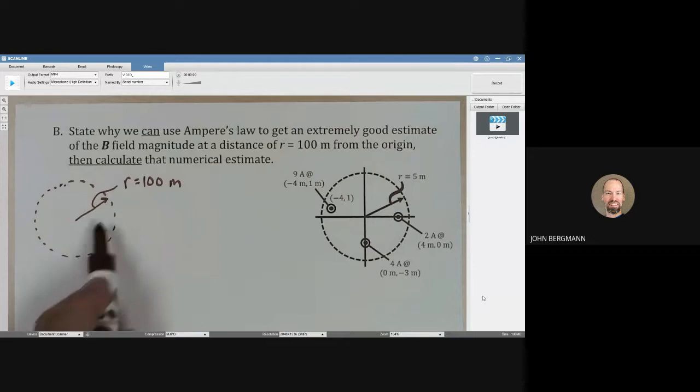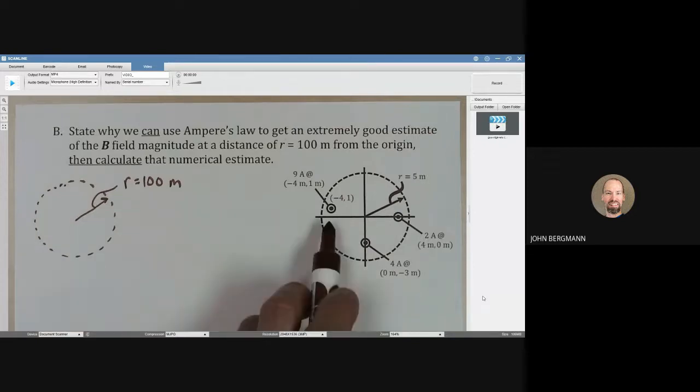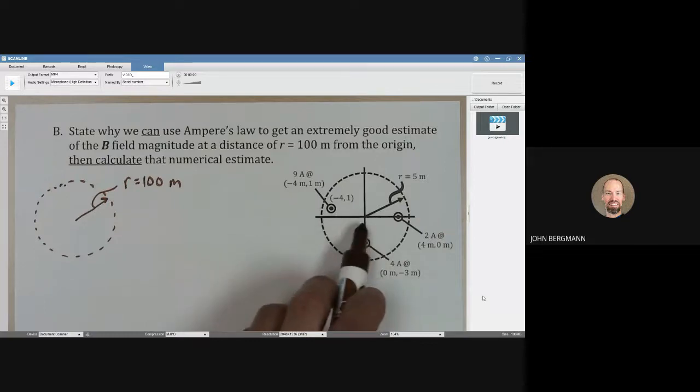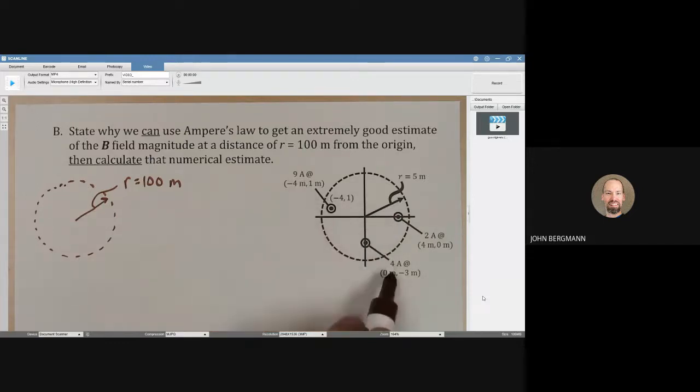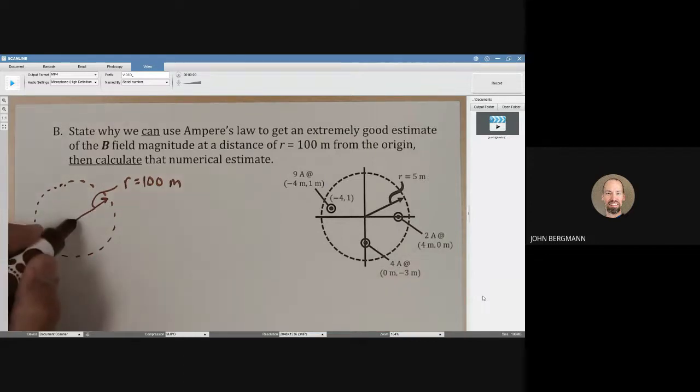You see, when the radius is really big like that, these wires, they're less than 5 meters away from the origin. So it's almost as if all of those wires, and we have 9 amps out of the page, 4 amps out of the page, 2 amps out of the page, that's a total of 15.